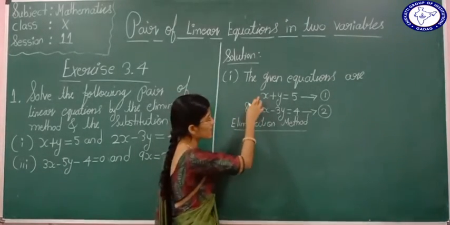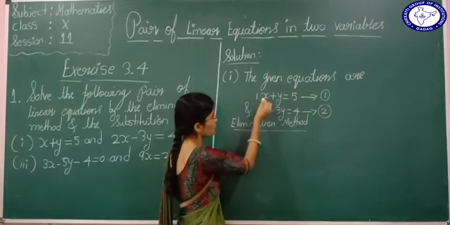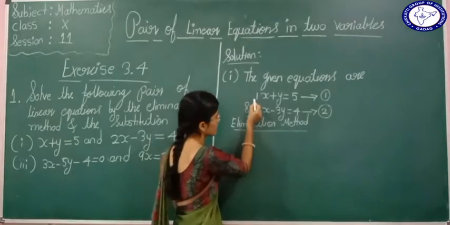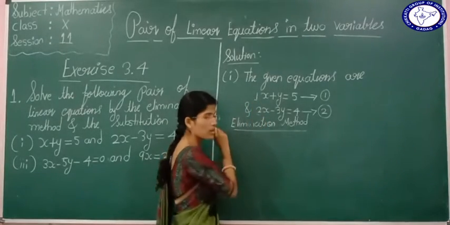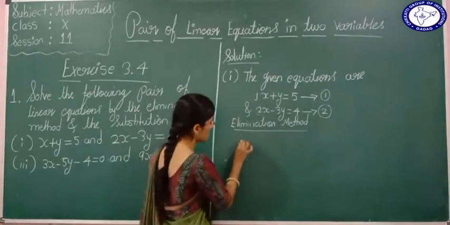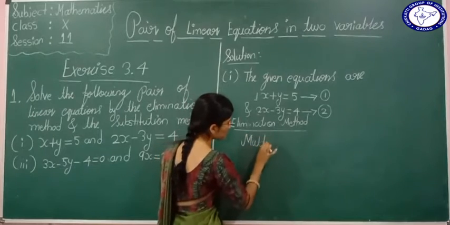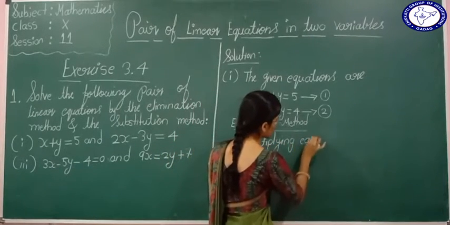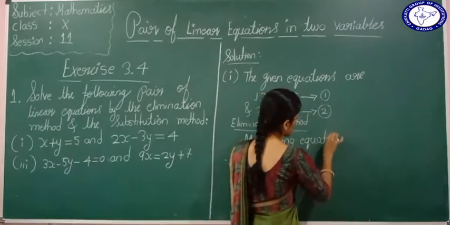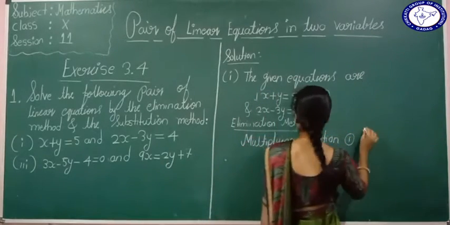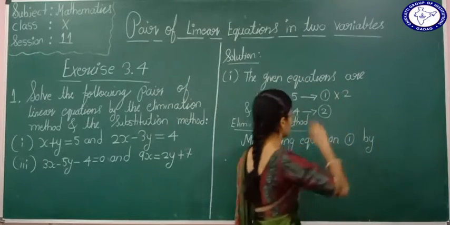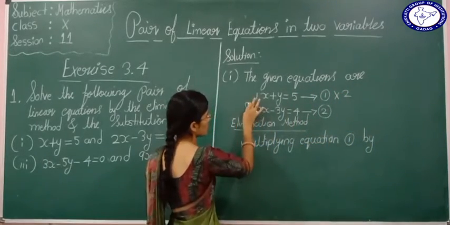To eliminate x, are the coefficients of x the same? No. See here 1 is there, here 2 is there. That's why what I will do is multiply equation 1 by 2.